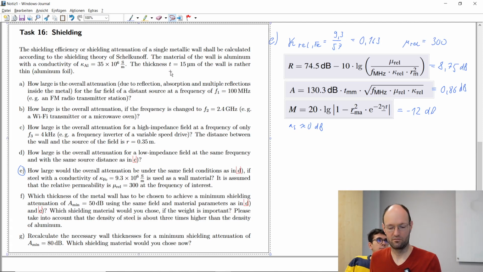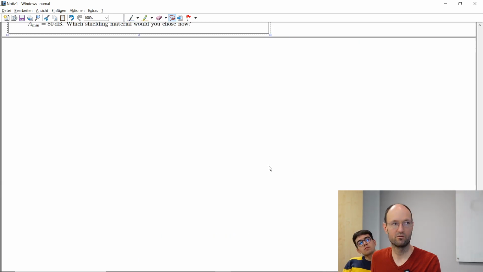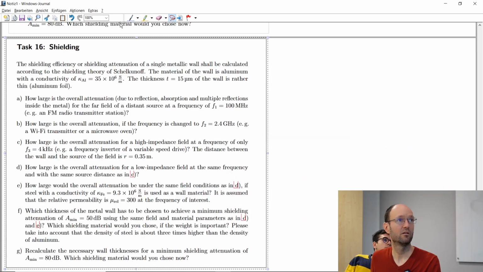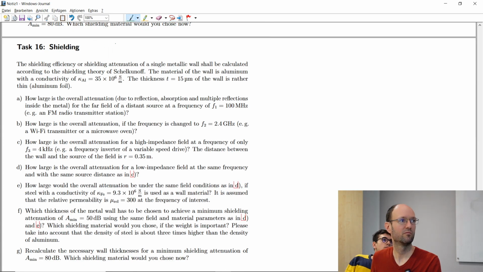Okay, I don't have much space here to write, so I will directly go to a new page. And we used blue before, so let's use green once again for subtask F. This is, I think, the overall shielding attenuation.